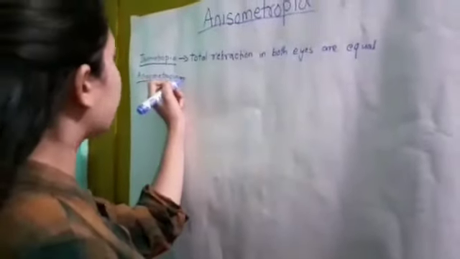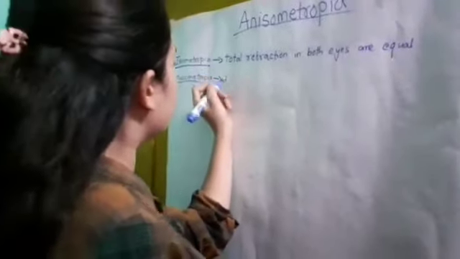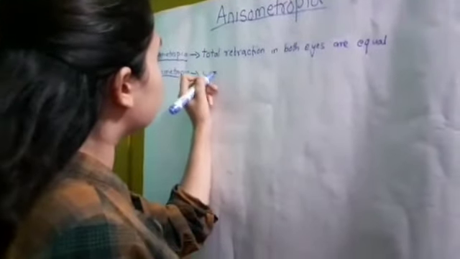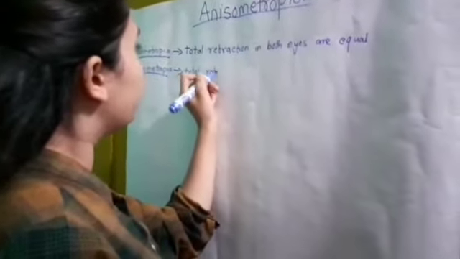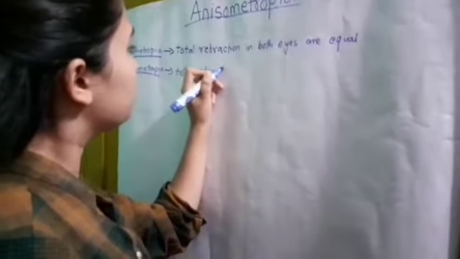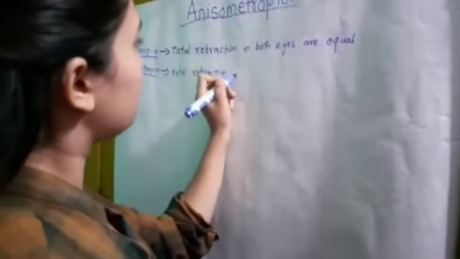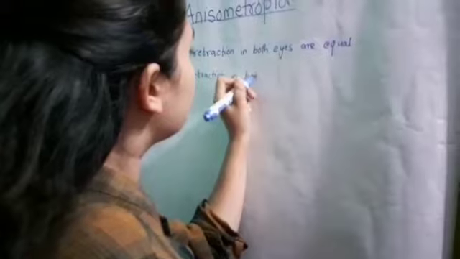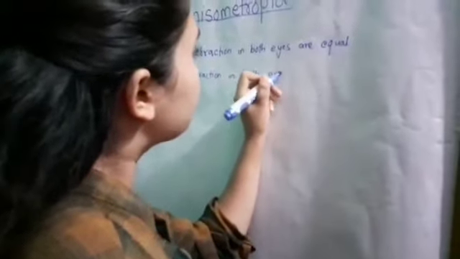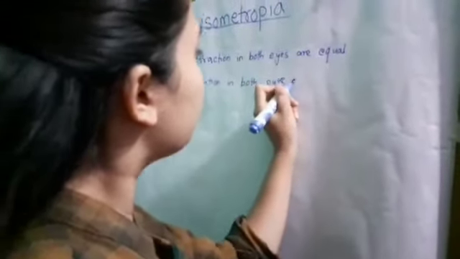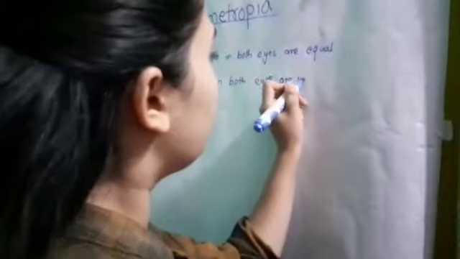So anisometropia means the total refraction in both eyes is unequal.